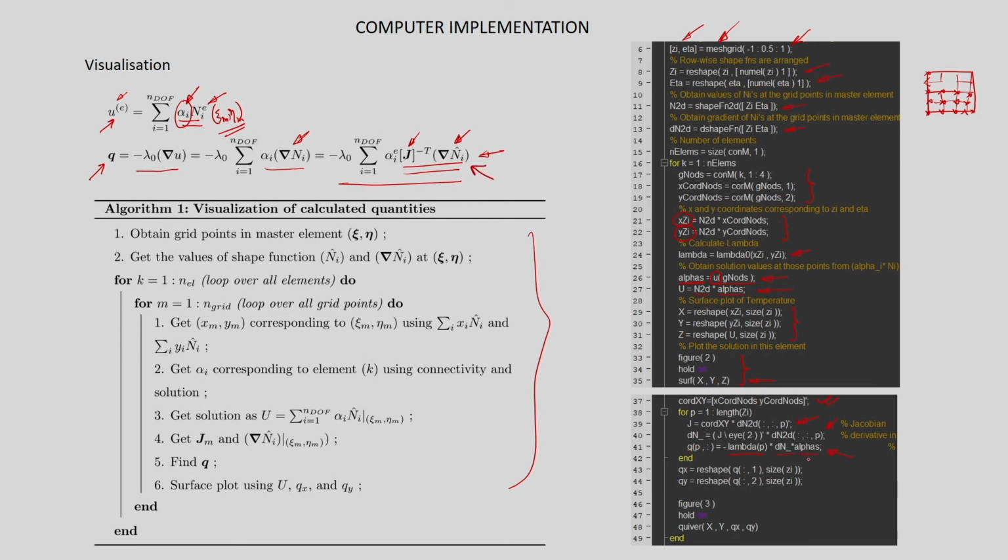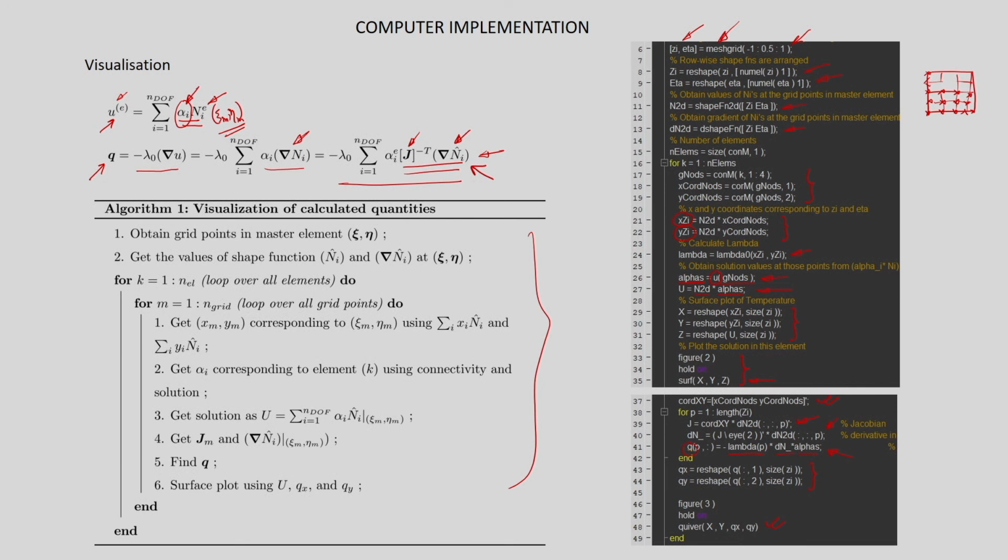So, that has been implemented here to obtain the heat flux. Just note this is a vector containing two components, qx and qy. Again we reshaped it back and plotted it, just to see how heat is flowing through the domain.